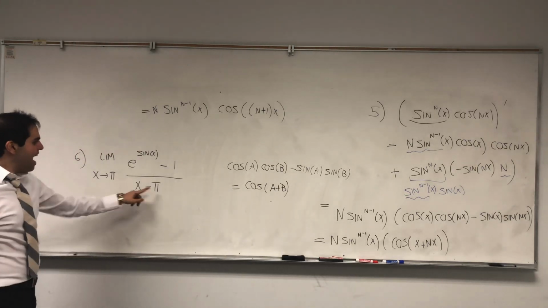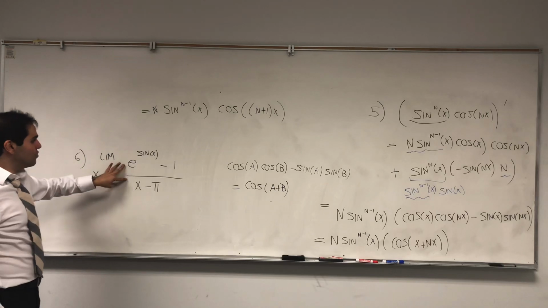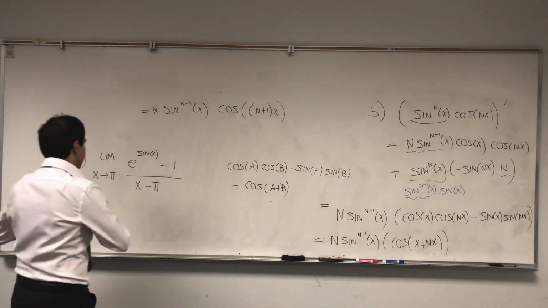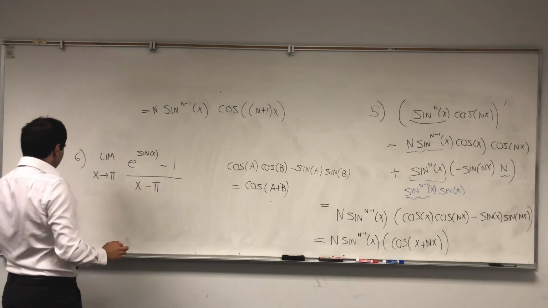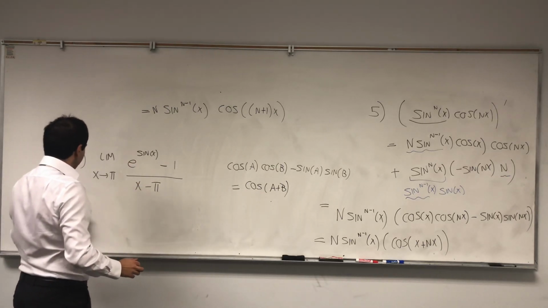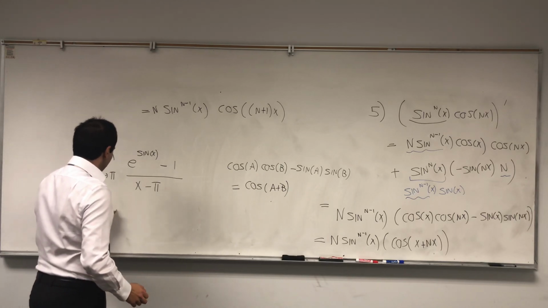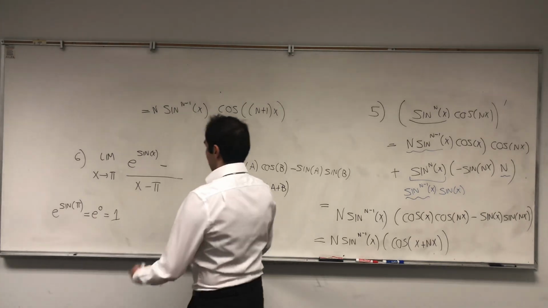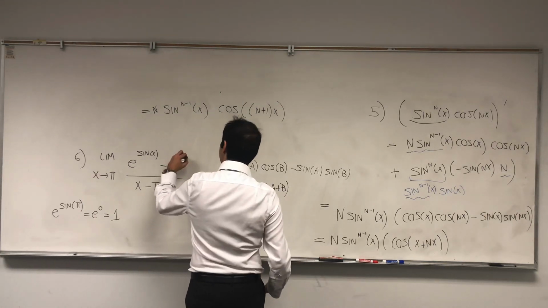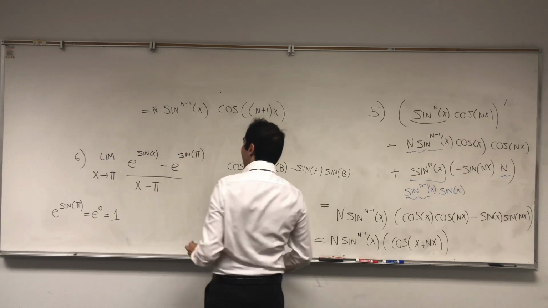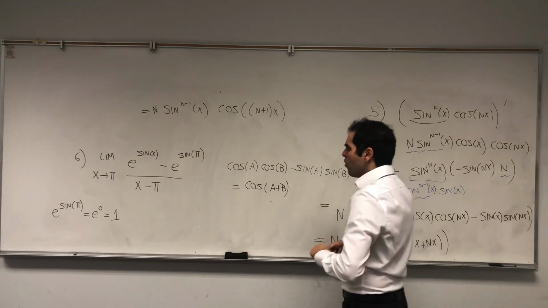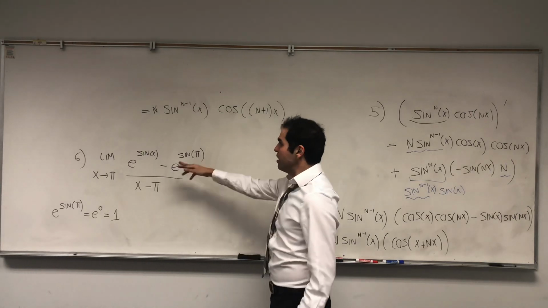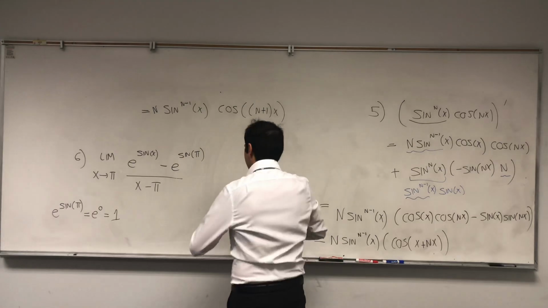Well, we have an x minus pi, so it should remind you a little bit of a derivative. In fact, if you evaluate this at pi, e of sine of pi is e of 0, so that is 1. So this is nothing else than the limit of e of sine of x minus e of sine of pi over x minus pi, which is the derivative of this function at pi.